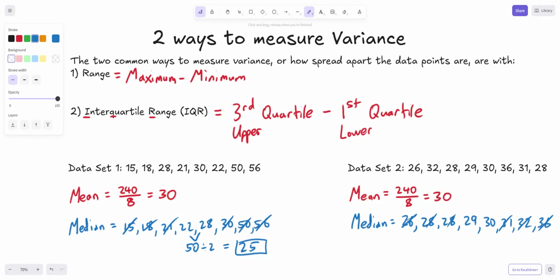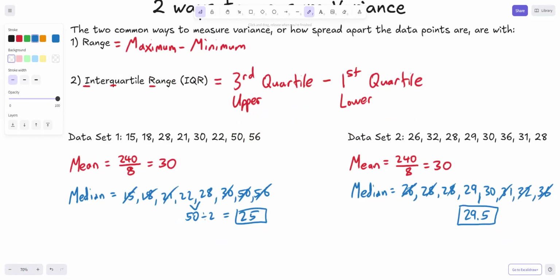And my median is these two, so 29.5. And then for mode, any number appeared twice? No mode. No mode for data set 1. For data set 2, I have 28 appears twice, so the mode is 28.